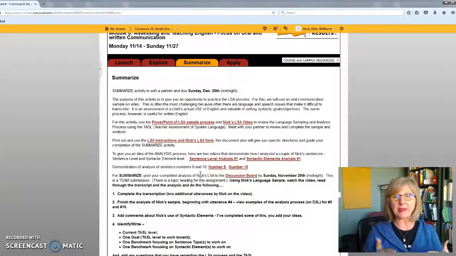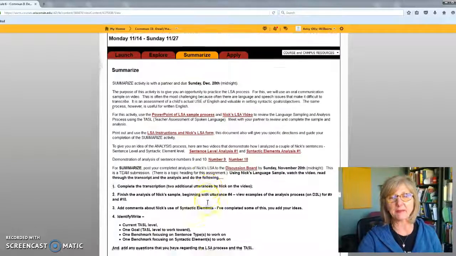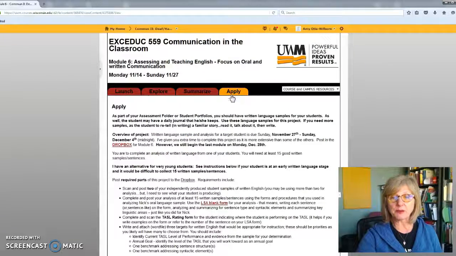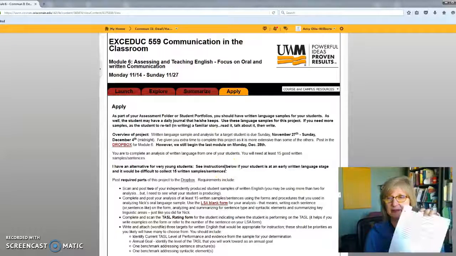A goal being, I'm going to move to the next level of the TASSEL, and benchmarks, which will be what specific English language forms you would be setting as goals to work on. And then the apply, which is in week 2, is you identify a student that you yourself do a language sampling analysis for. But all of this is in here.